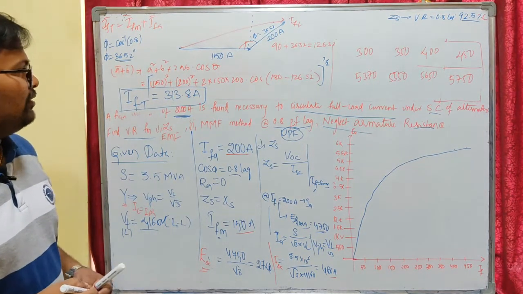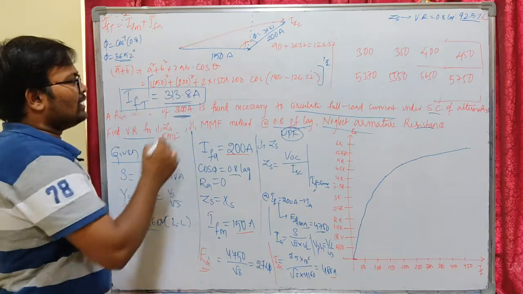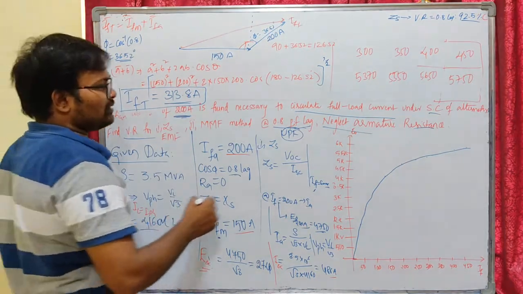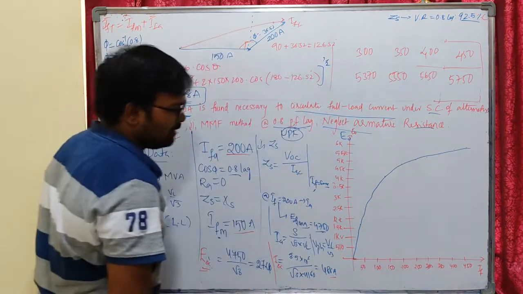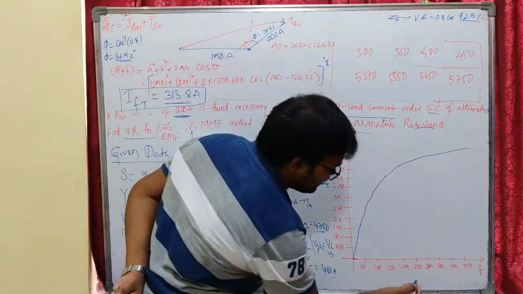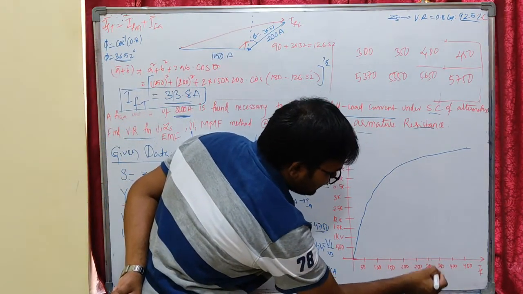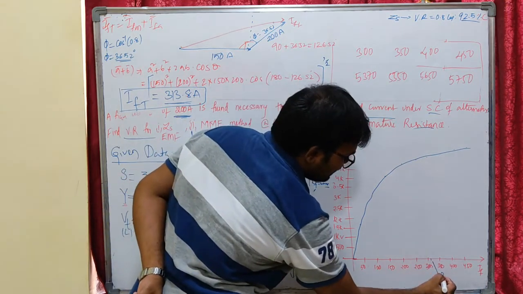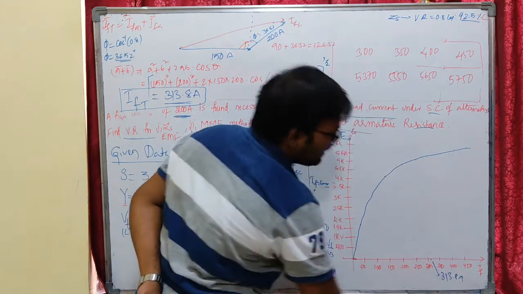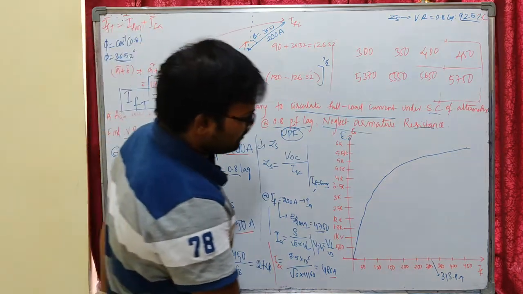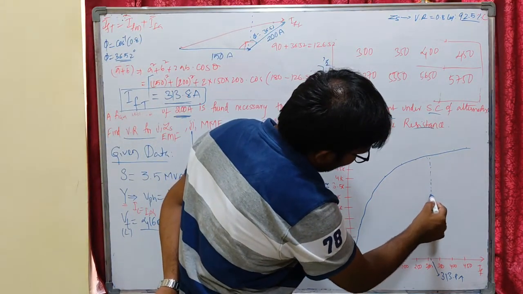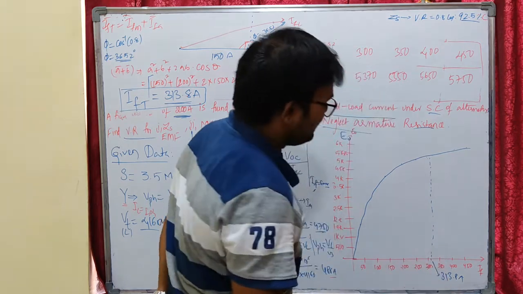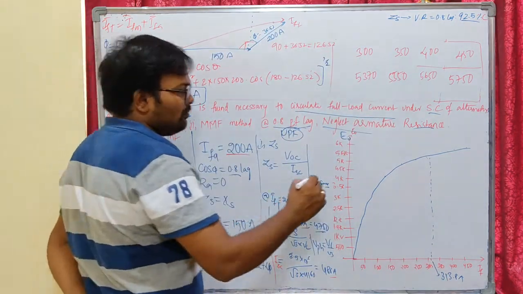Now we need to find the open circuit voltage at 313.8 amperes. This is our open circuit line and our field current is this one. Around after 300 it will be 313.8. So we choose a line on the open circuit curve which is equivalent to our field current of 313.8 amperes.